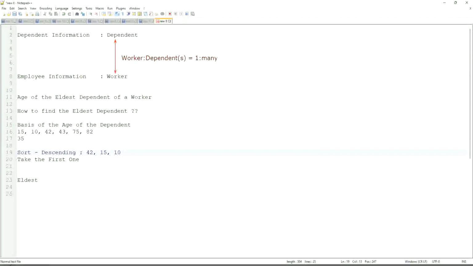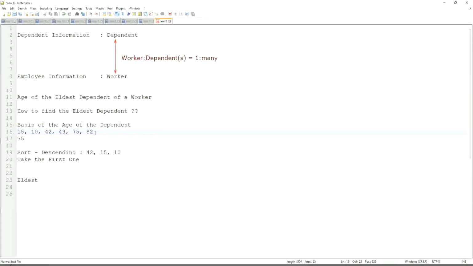Right. Only one problem is if there are multiple dependents with the same age. Right, if there's only children as dependents, and there is a twin the same age. So yeah, at that point it becomes difficult, but other than that it is more or less foolproof.